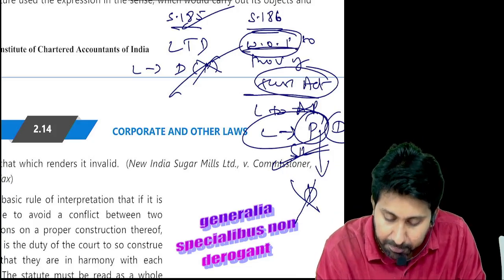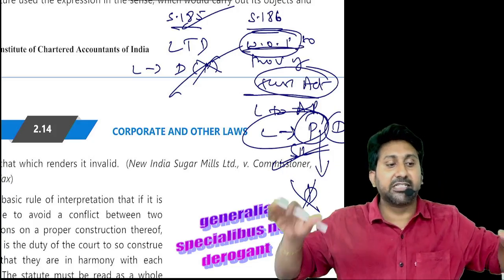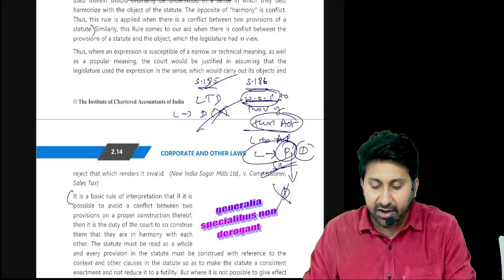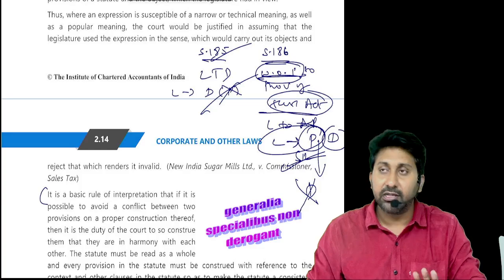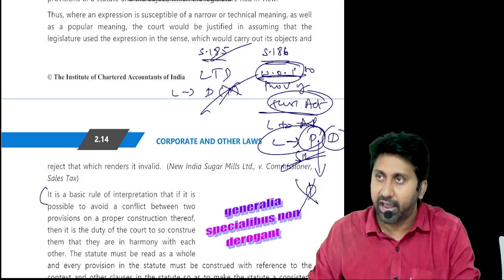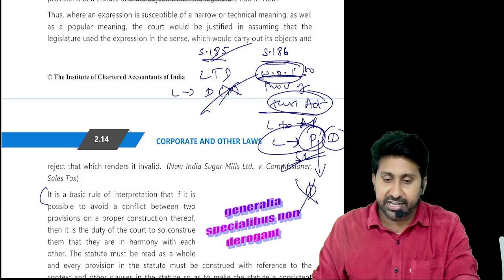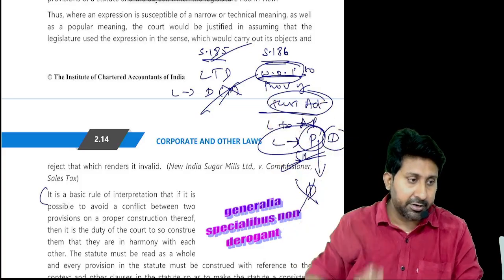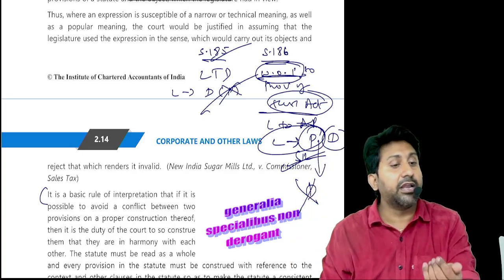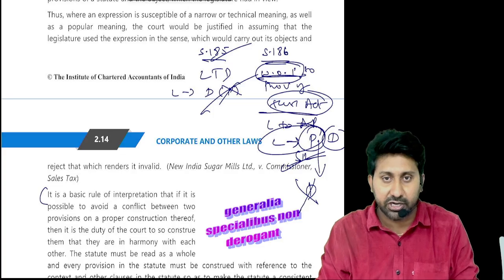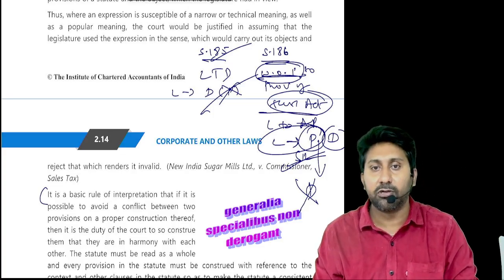That's the meaning of without prejudice, such that harmony is established. Whenever the words without prejudice or subject to provisions are used, I am only telling that this section is to be read along with another section, or this section should not defeat another section. There is a harmonious construction, so you need not again make any harmonious construction on that.